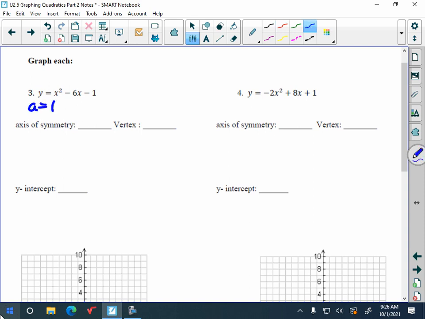So A is 1, B is negative 6, C is negative 1. Y-intercept is negative 1. Okay. X equals negative B over 2A.